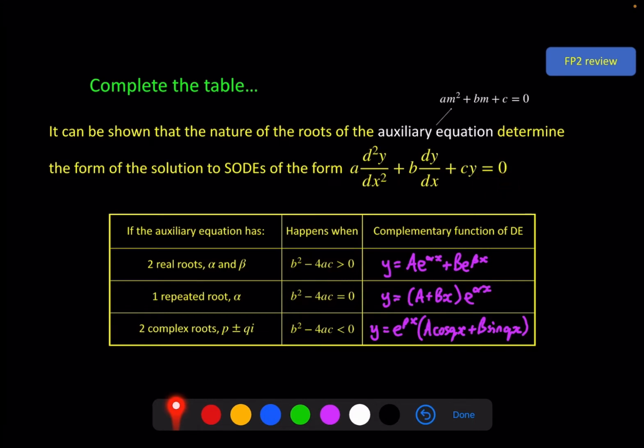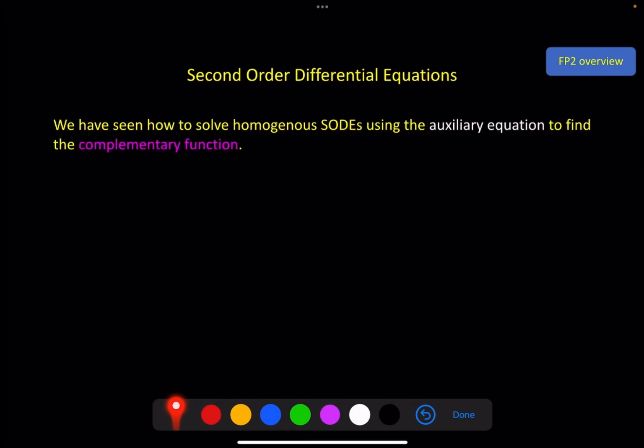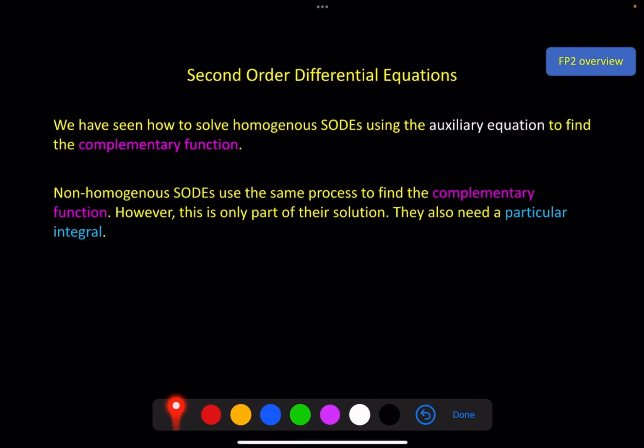We're going to use this and we will solve second order non-homogeneous differential equations that look like this. We use it because the auxiliary equation tells us the complementary function, and the solution to a non-homogeneous differential equation still uses the complementary function. It's just not the only part of the solution.